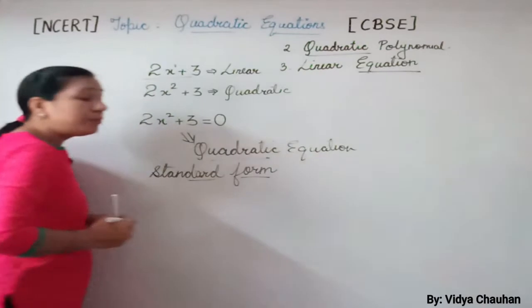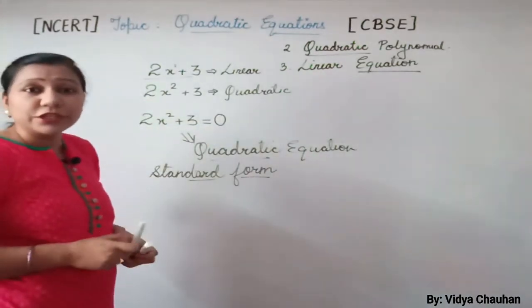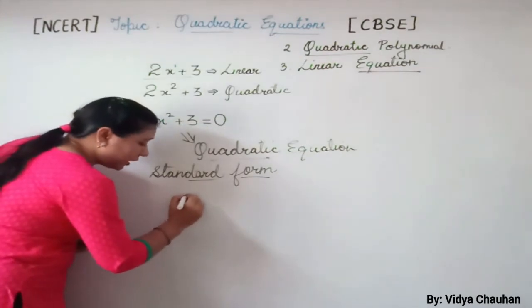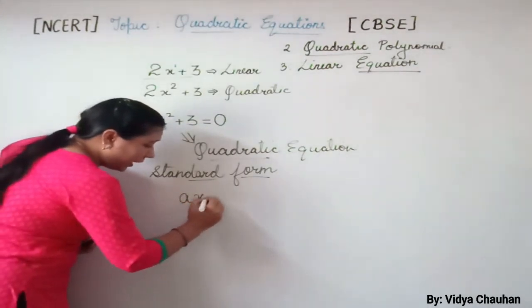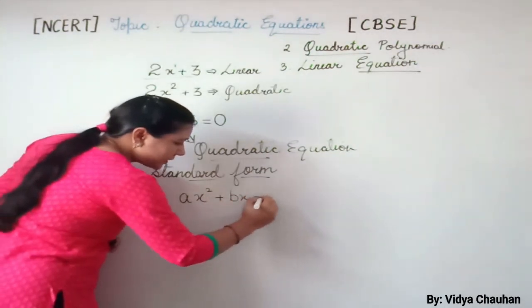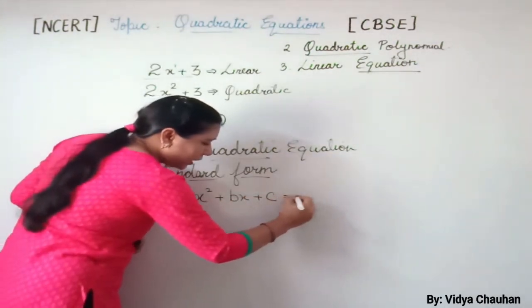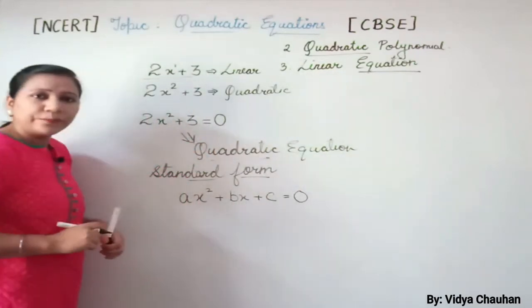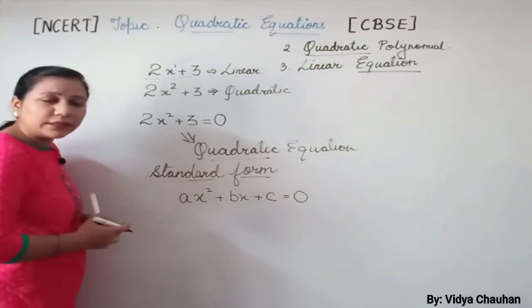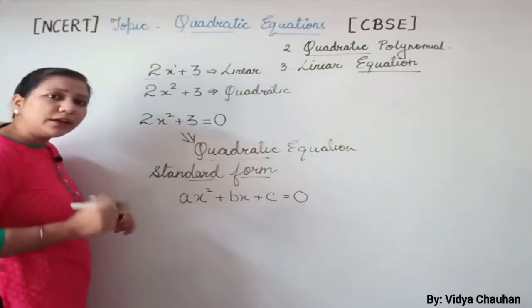The standard form for a quadratic equation is ax square plus bx plus c equals to 0. So this is the standard form of a quadratic equation.